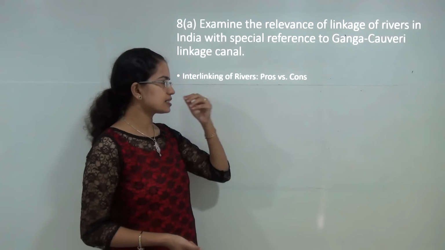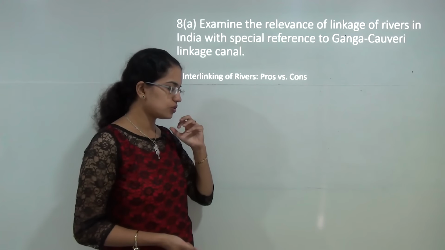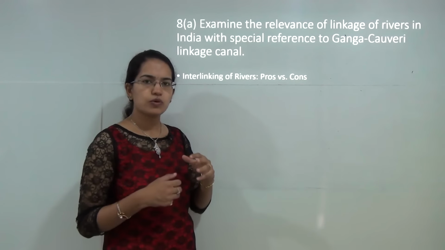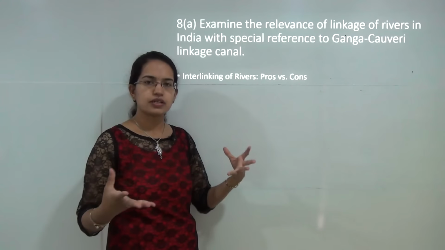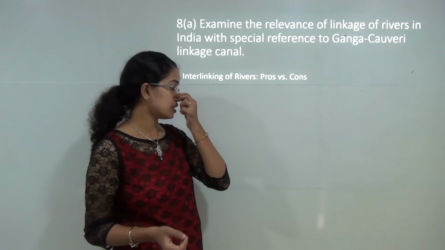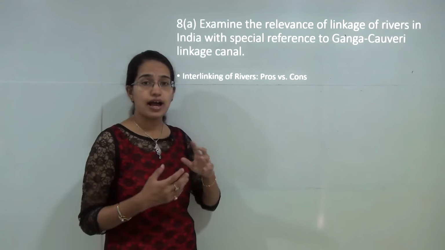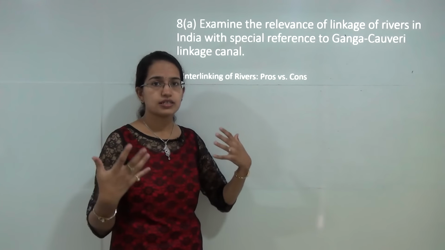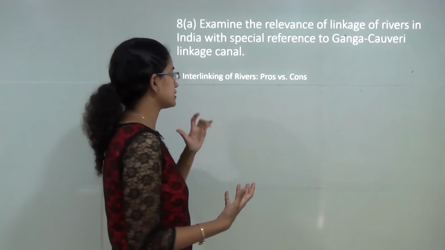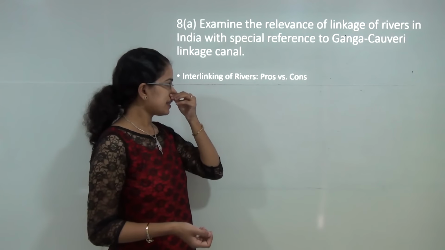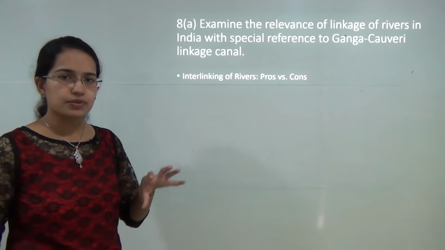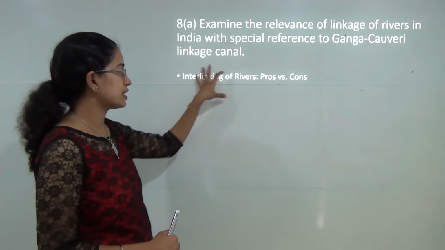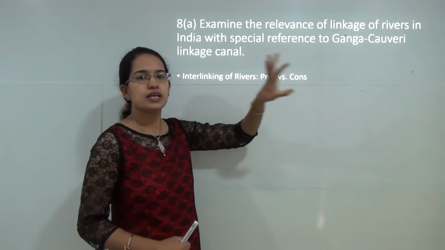What this concept basically tries to do is remove regional disparities. It tries to create a uniform supply of water across the nation, a kind of perennial supply of water that is available throughout the year. The main focus here is economic growth and prosperity of the region. However, interlinking does have some negative aspects.